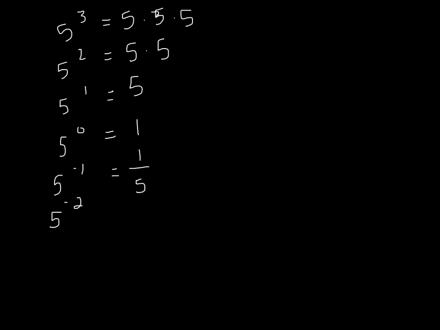You put 1 above it, and you put the base that was there on the bottom of the fraction with the positive exponent. Hopefully that makes sense, but we'll keep going. So 5 to the negative 2 power, you just flip it over, 1 over 5 to the 2nd power. If we have 5 to the negative 3 power, that'd be 1 over 5 to the third power.